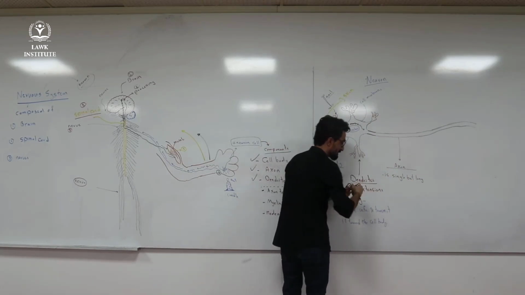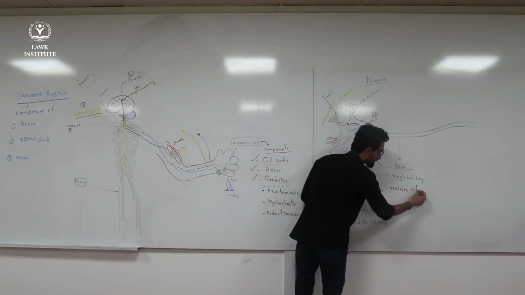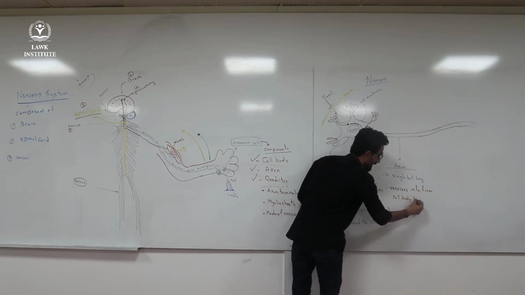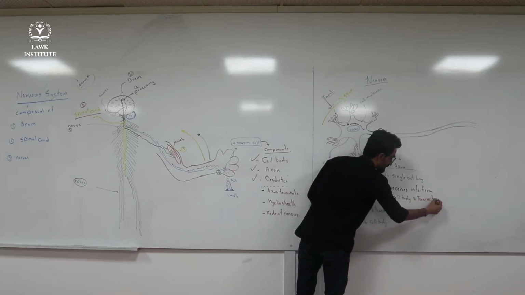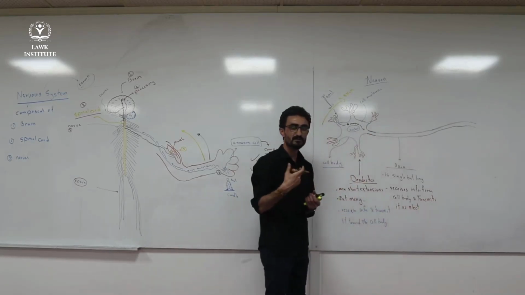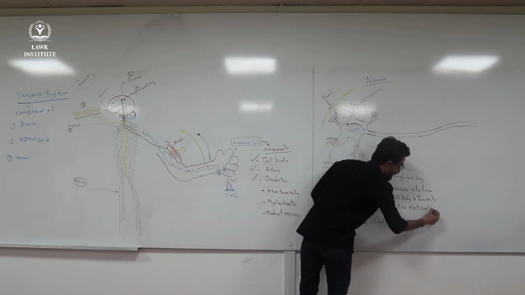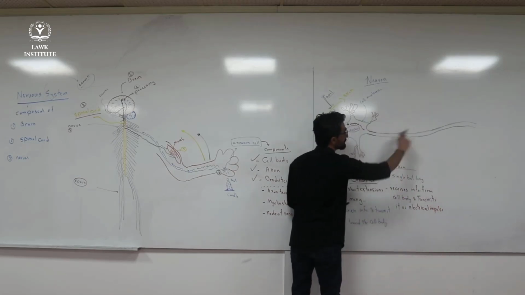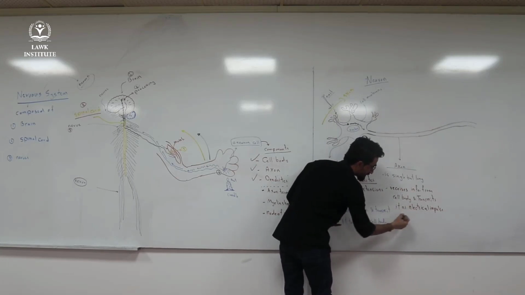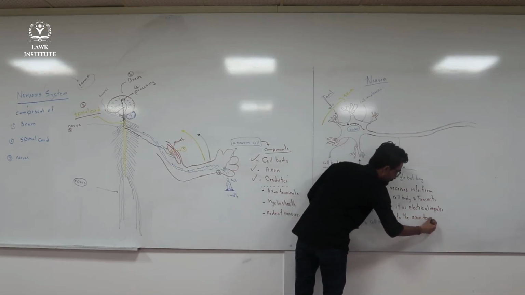This axon receives information from the cell body and transmits it in the form of an electrical signal, or electrical impulse, throughout the axon to the other side, to the end of the cell, to the axon terminals.